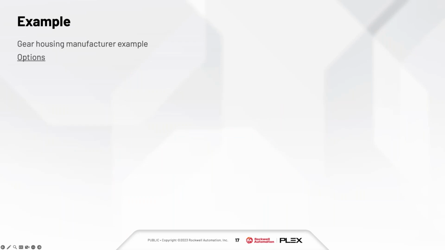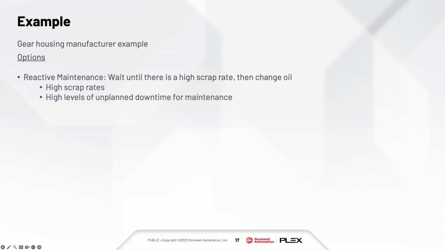What are the options for this particular example? Well, you've got the reactive-based maintenance approach that monitors the scrap rate and performs oil changes to resolve the issues. This obviously drives the potential for high scrap rates and unexpected downtime.